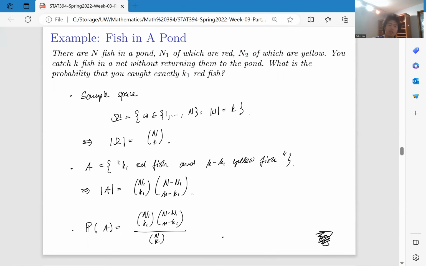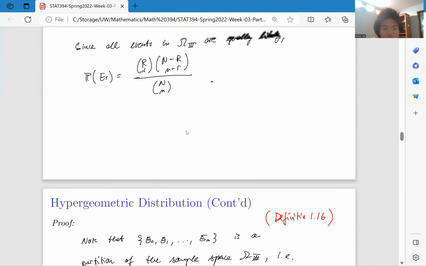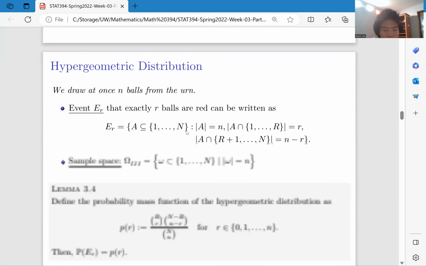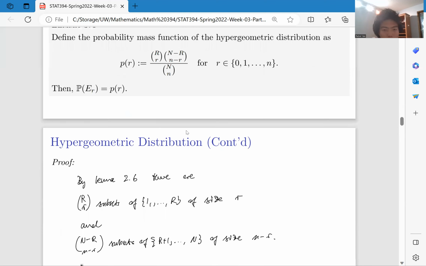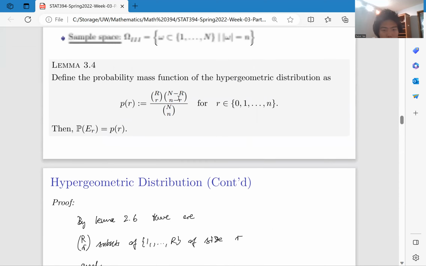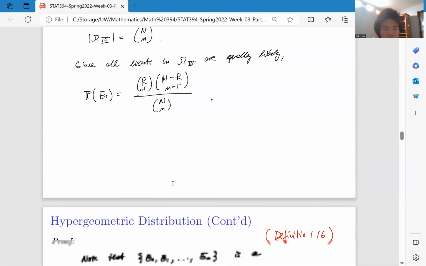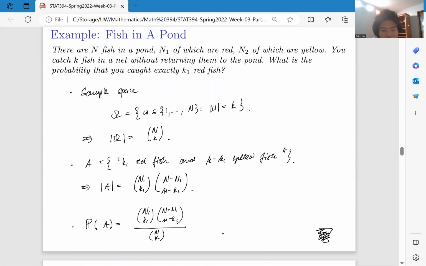The sample space is equal to all of the sets with cardinality K that are subsets of 1 to capital N. And from the formula above, which we might have talked about before, it's capital N choose K. So in this question, the cardinality of omega is capital N choose K.